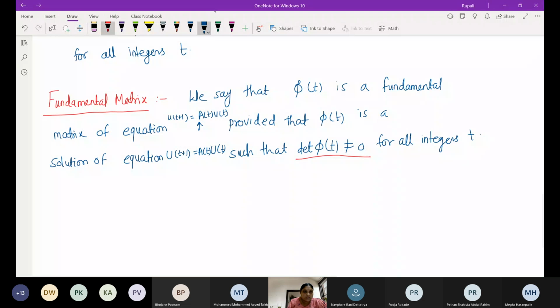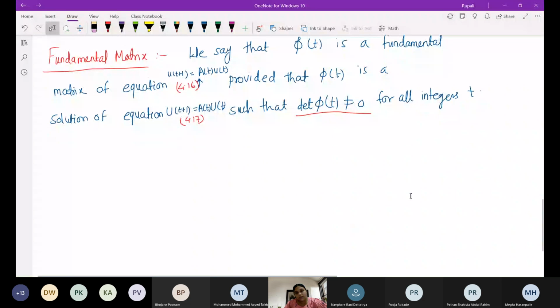This is my equation 4.16 and this is equation 4.17. So if the determinant of phi t is non-zero for all integers t, we will call the matrix a fundamental matrix for the equation 4.16.